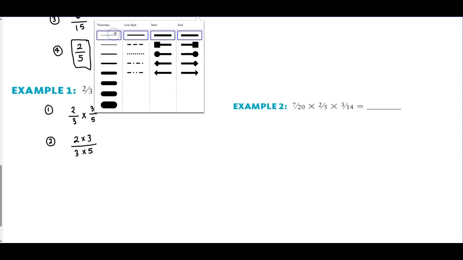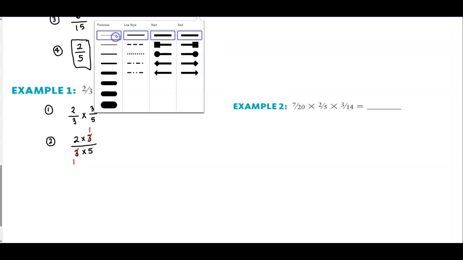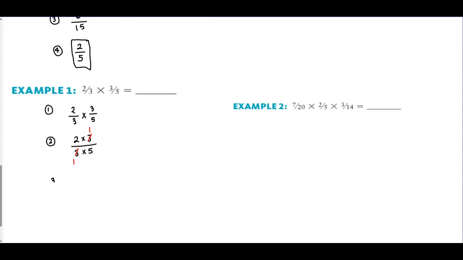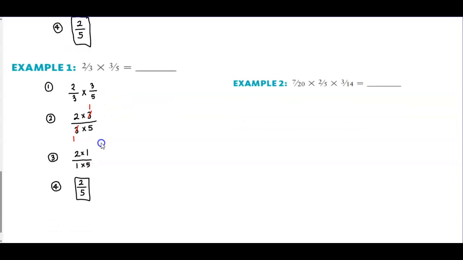So when we're multiplying, that means that we can simplify what they have in common. So this 3 and that 3 become a 1. So therefore, we would get 2 times 1 over 1 times 5, which then gives us 2/5. So that will avoid us having to simplify this 6/15 to 2/5 because it'll already be in reduced terms.